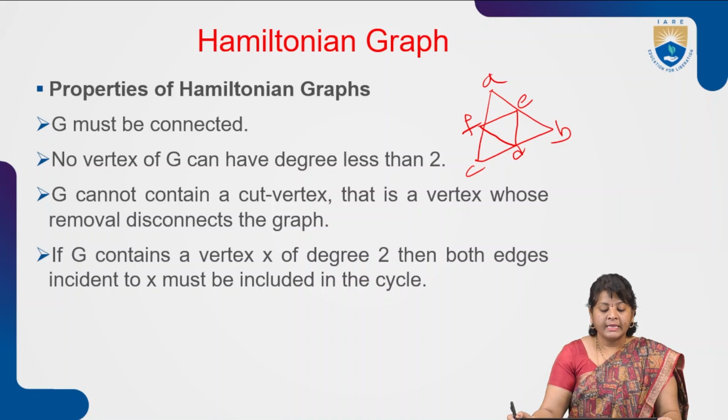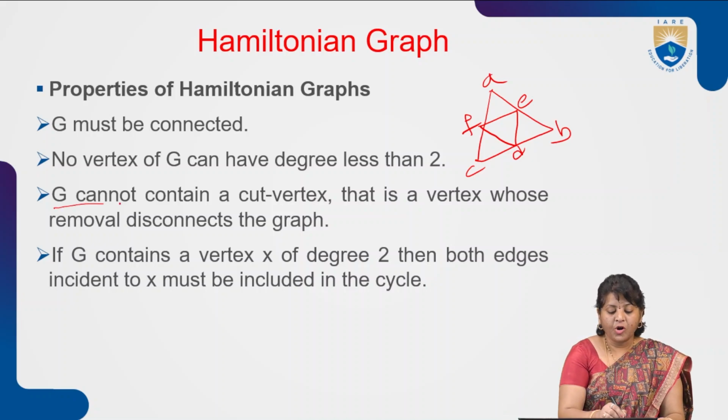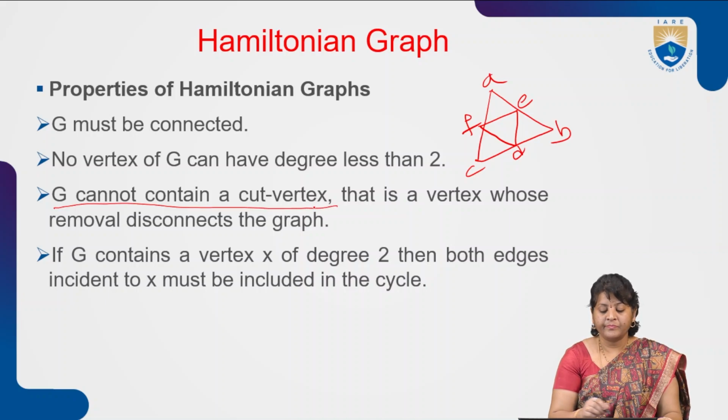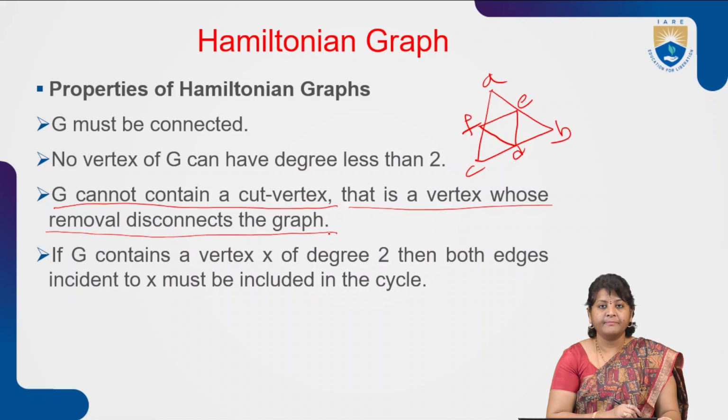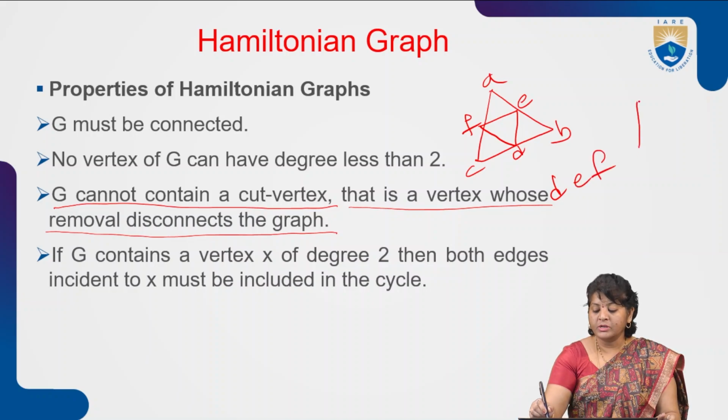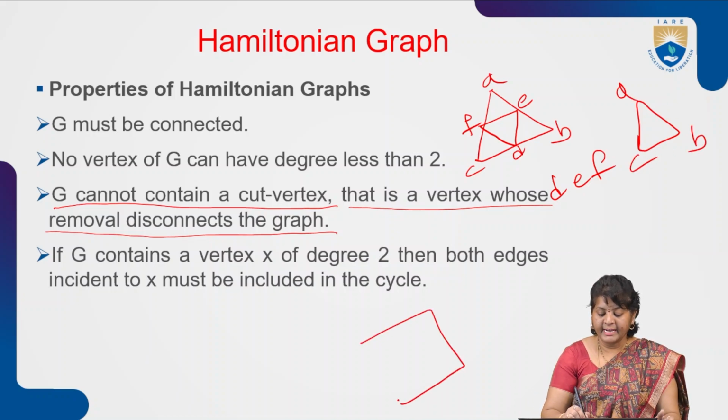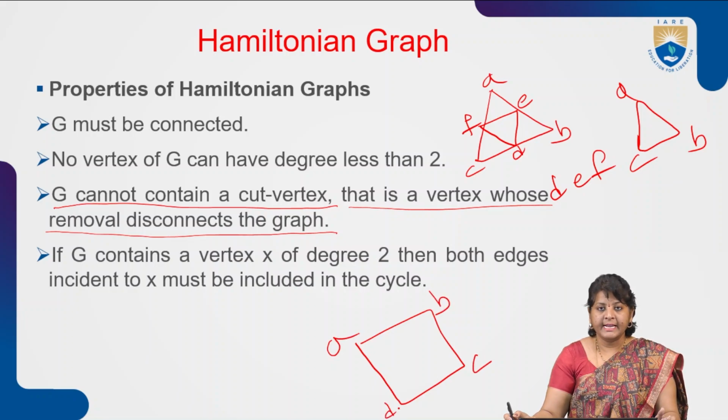Now, the third point, G cannot contain a cut vertex, that is, a vertex whose removal disconnects the graph. See, if I want to remove D, E, F, then there is no problem because I'm having this A, B, C. This is fine. Now, I will take one more example where A, B, C, D are connected like this.